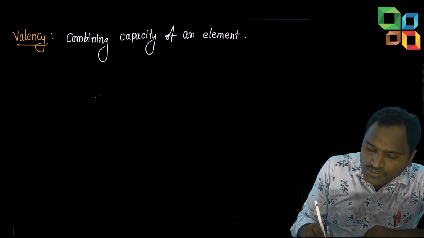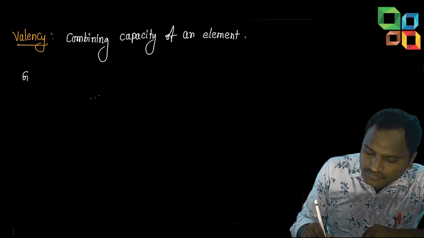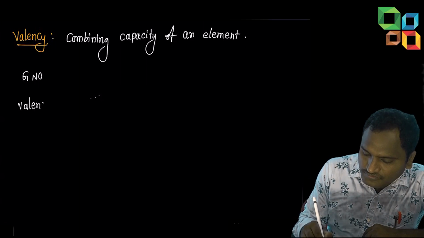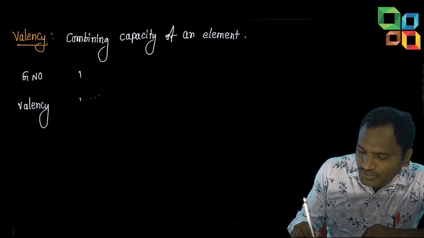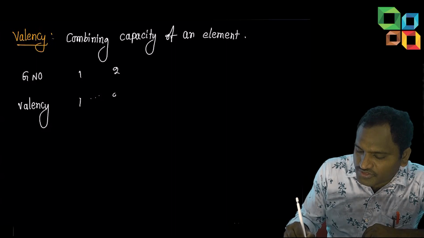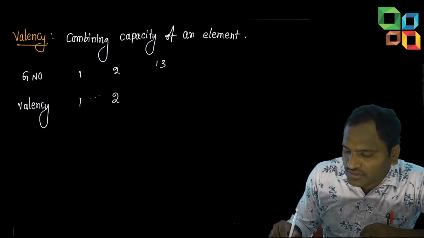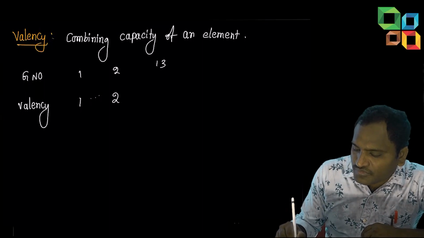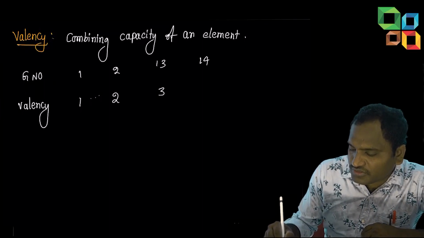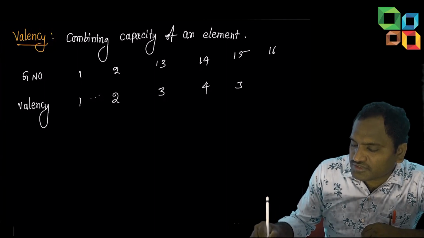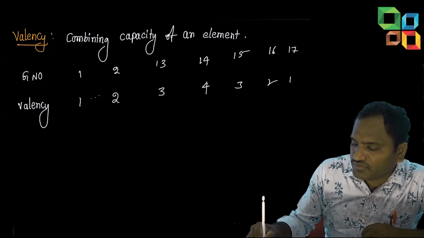If you see group numbers and their valencies: first group, valency 1. Second group, valency 2. 13th group, in between 10 groups there are transition elements, valency 3. 14th, 4. 15th, 3. 16th, 2. 17th, 1. 18th, 0.